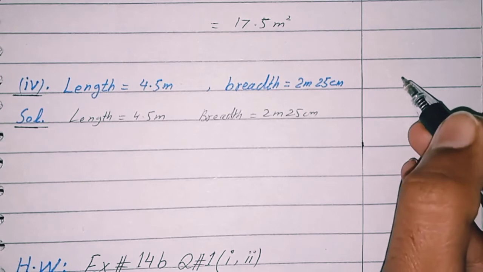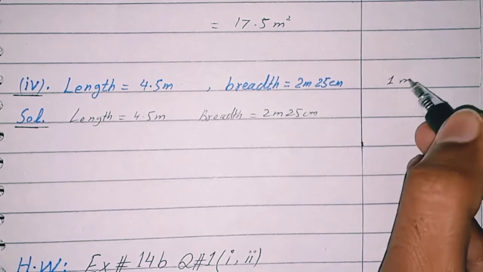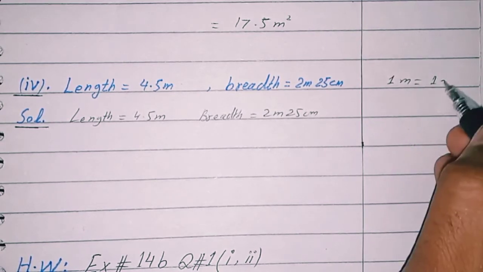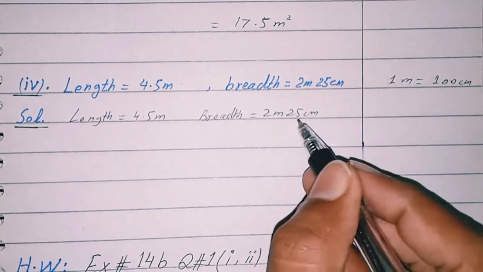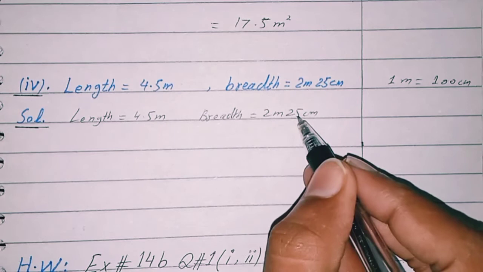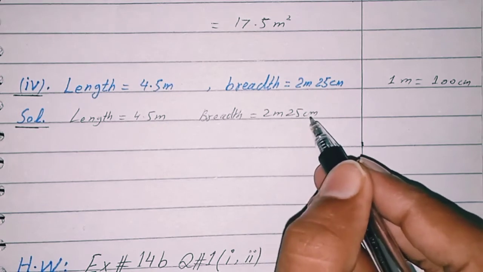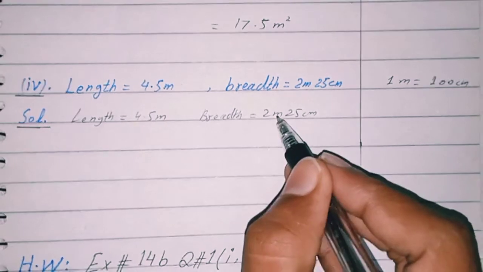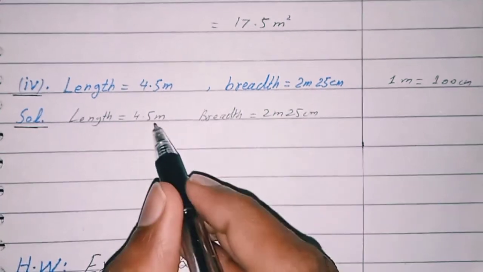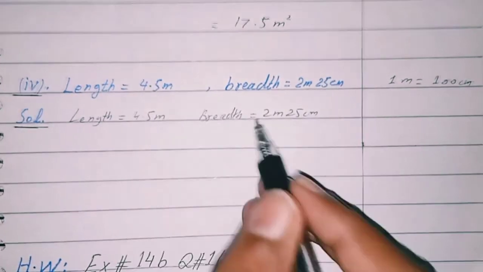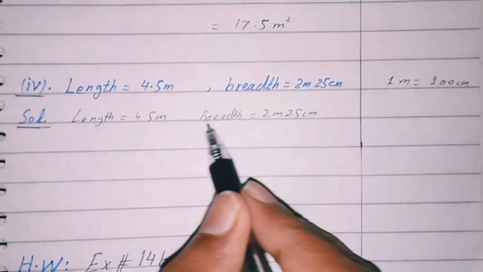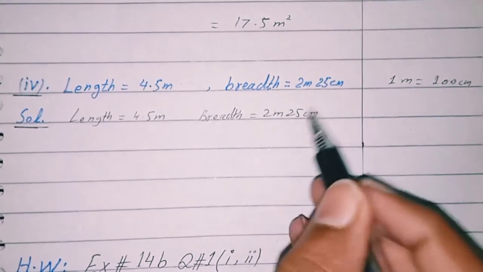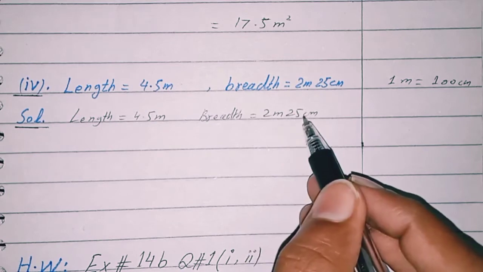We know that 1 meter is equal to 100 centimeter, and this is 2 meter and there is 25 centimeter. We have to convert centimeter into meter, because we will use the same units to solve the question. So this is 2 meter 25 centimeter.